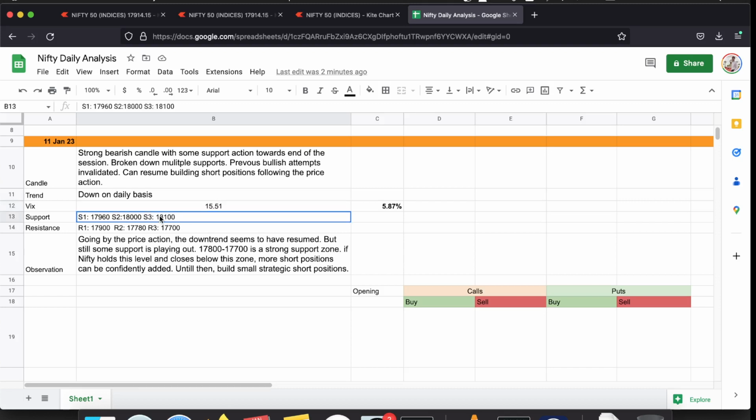So talking about supports, as we inferred from the price action and trend lines, moving averages, and Fibonacci series. The first support is, sorry, I think I messed this up. Okay, this particular line is for resistance.